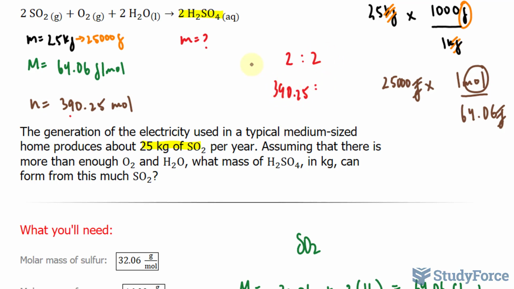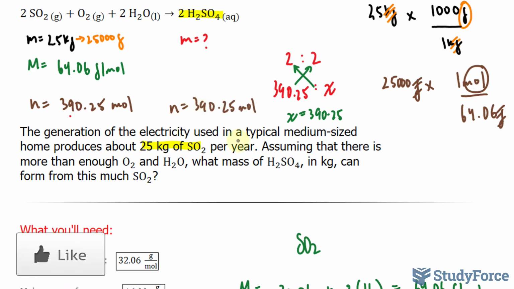We don't know the amount of equivalent moles of H2SO4, so I'll just write down an X. We have 2 ratios, and we can cross multiply to find X. Multiplying this number by 2 and multiplying x by 2 and then dividing both sides by 2, you should end up with the exact same number, where x is equal to 390.25. That is the number of moles of H2SO4.